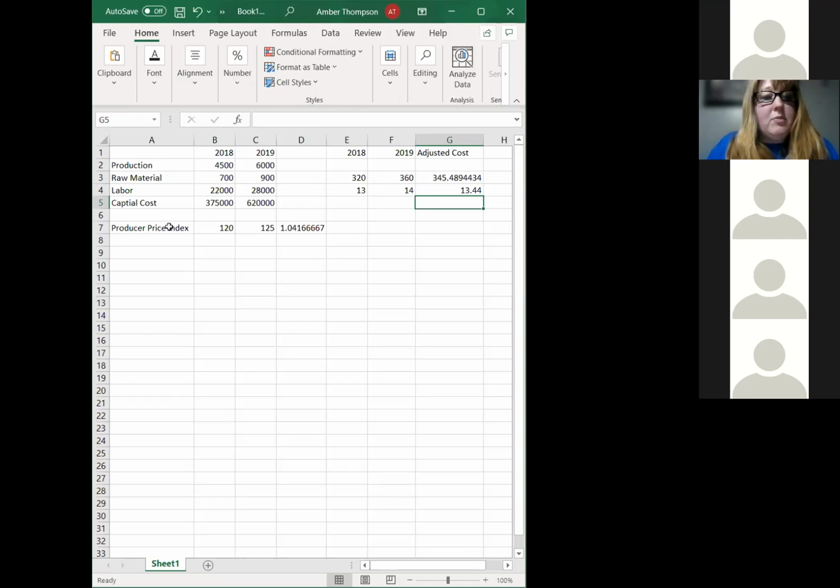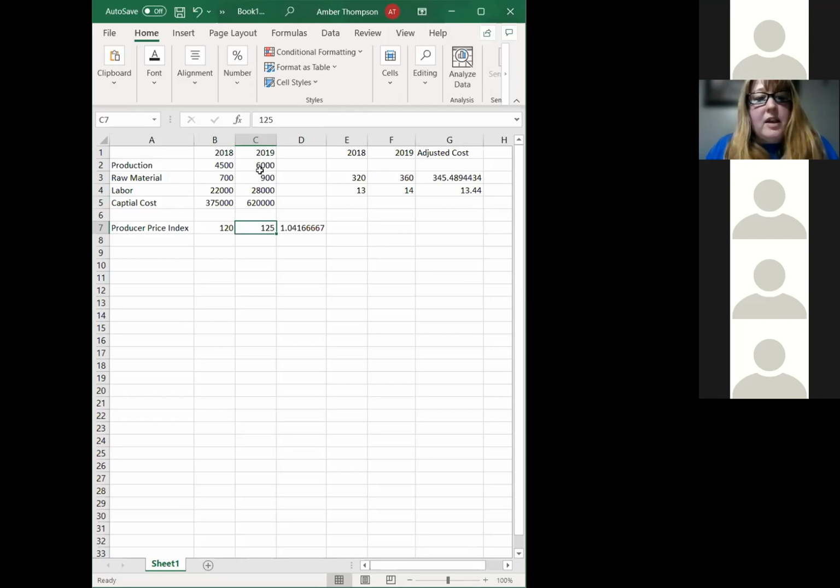But when we look at the producer price index, yes, this was the price in 2018, but we could also sell products at this value. It's a ratio value, so we can't just say 120, but the producer price index went up in 2019 along with our costs.